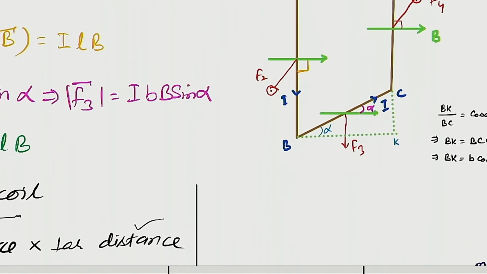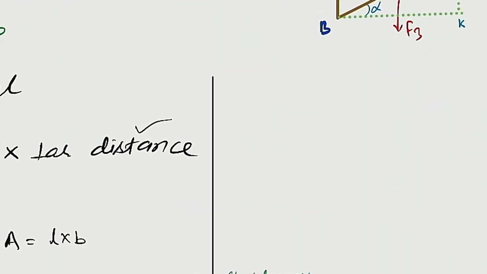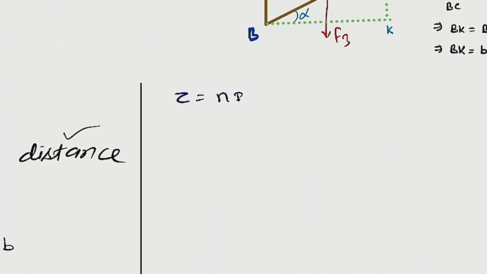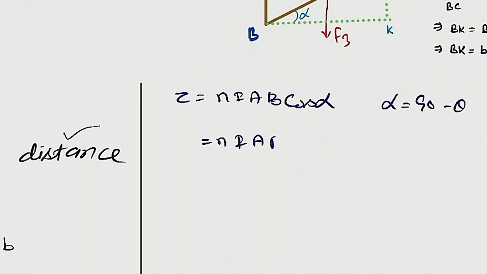The torque, which was NIAB cos alpha, with alpha replaced by 90 minus theta, becomes tau equal to NIAB sine theta, because cos(90 minus theta) is sine theta.